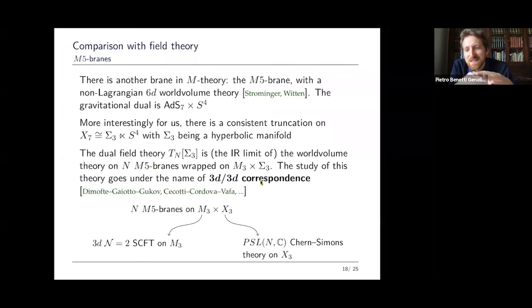It's one of the big mysteries in theoretical physics: what are the degrees of freedom of this field theory, and what happens when I compactify on spaces of different dimensions? In particular, if you compactify this field theory on a hyperbolic space, because you go from 6 to 3, you get a 3-dimensional superconformal field theory, which is what I was studying the gravitational duals of.